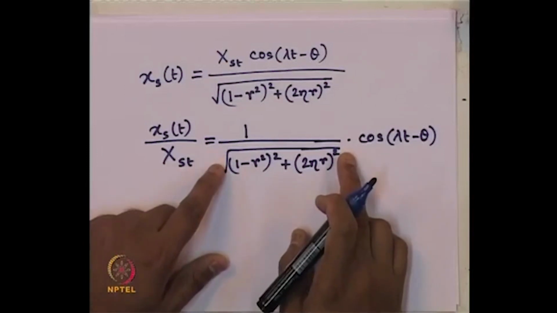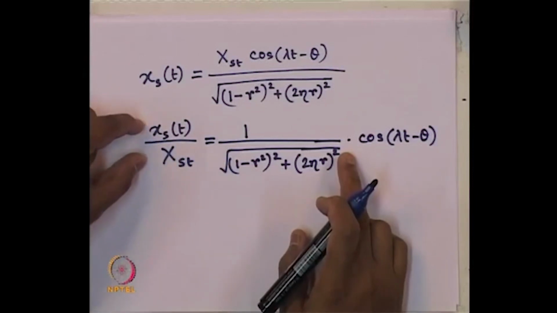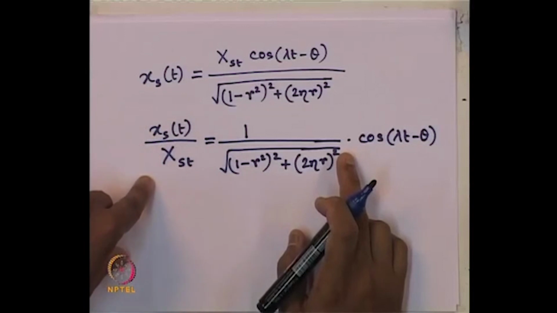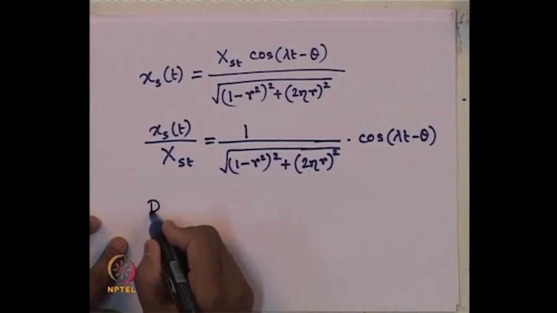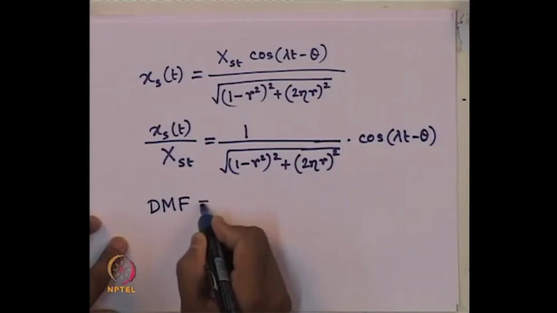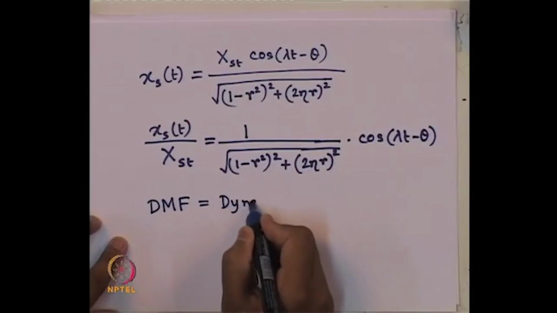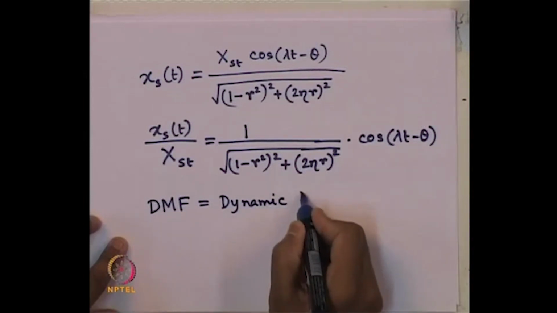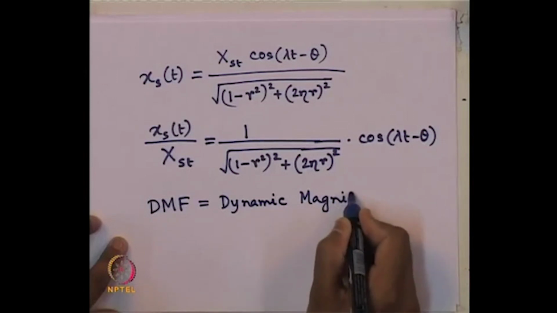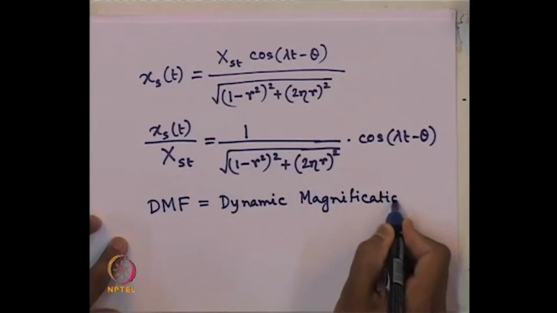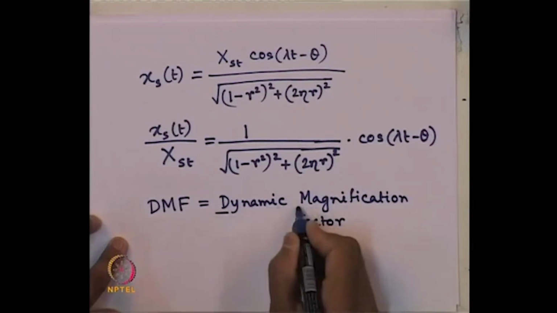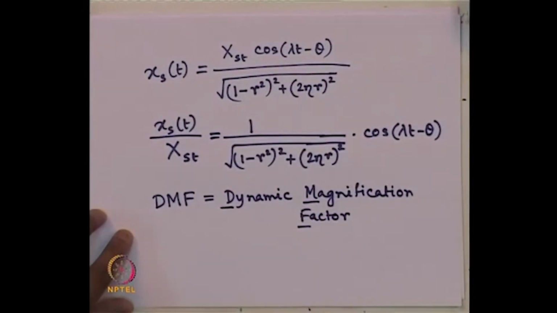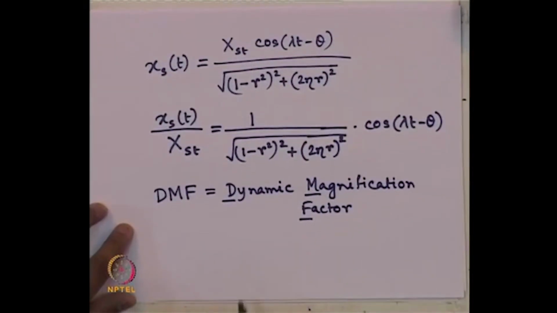So, the maximum value of the ratio of steady state displacement to the static displacement is known as dynamic magnification factor, DMF. So, what is the definition of dynamic magnification factor?